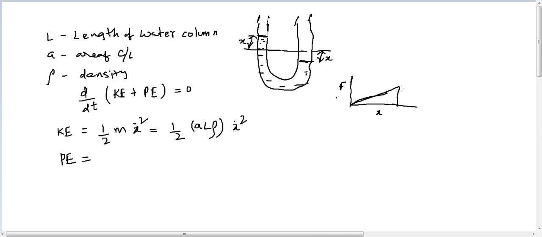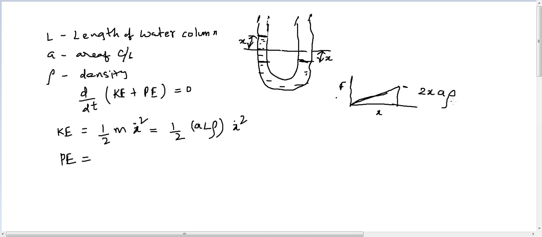The value here must be equal to the total weight of this water column, whose height difference is 2x, into area, which is volume, into density rho into g.